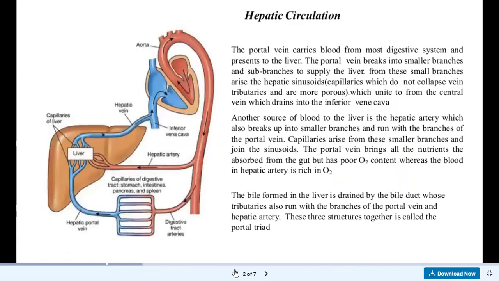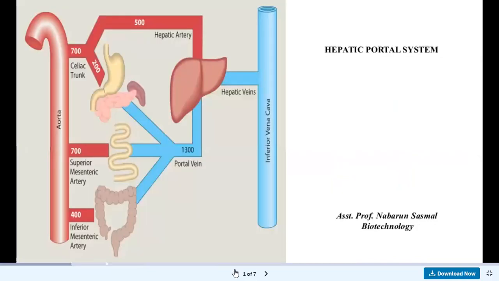So we have said that the hepatic circulation is made up of three main blood vessels: the hepatic artery, the portal vein, and the hepatic veins. The portal vein is formed from the veins coming from the stomach, the pancreas, and the spleen, veins coming from the small intestine, and veins coming from the inferior mesenteric, coming from the large intestine.